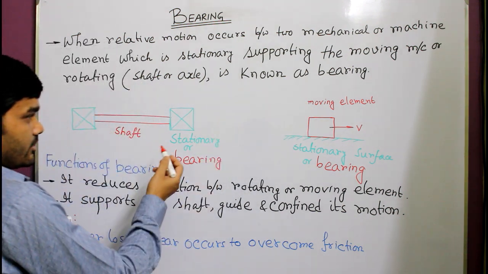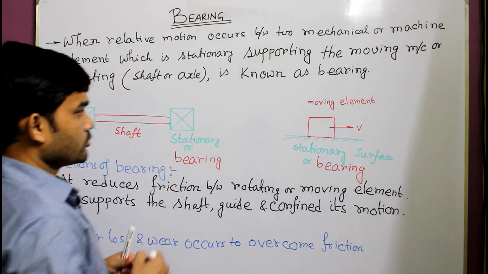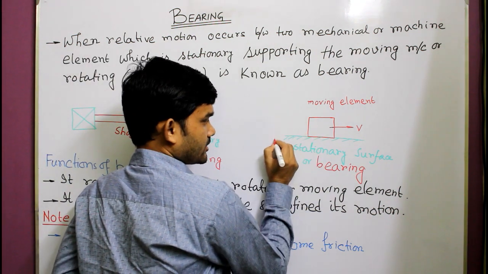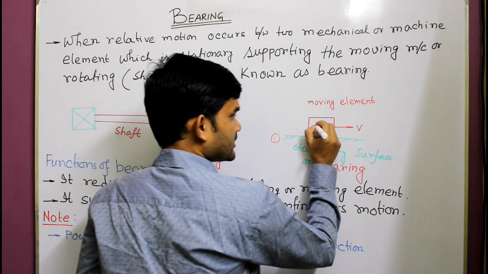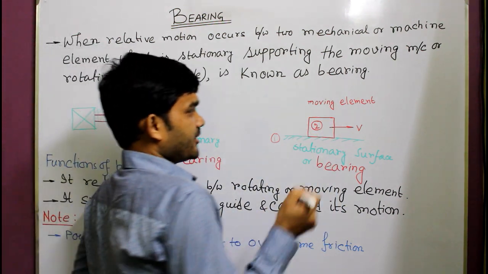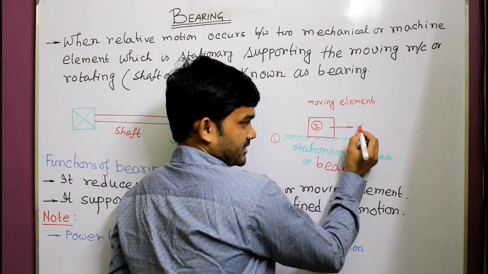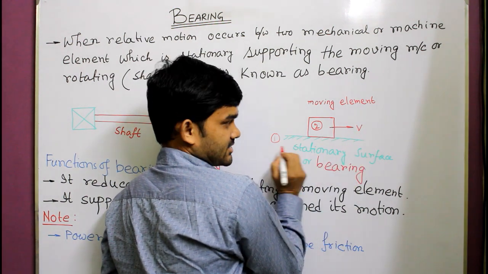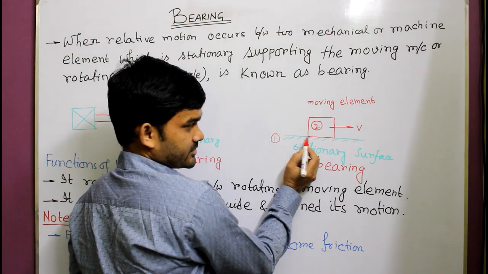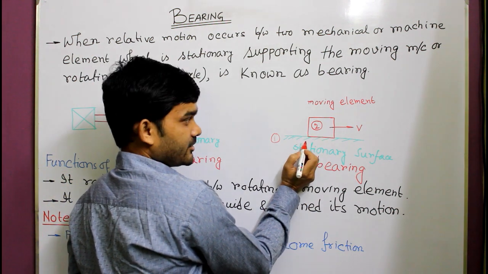Here we have taken two examples. This is our element 1 and this is our element 2. Element 2 is moving with a velocity v and element 1 is stationary. So you can see there is relative motion between element 1 and element 2.